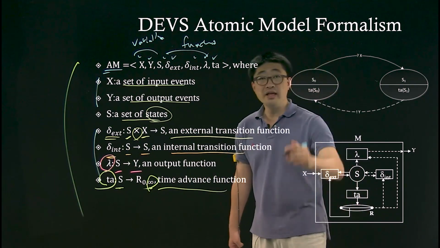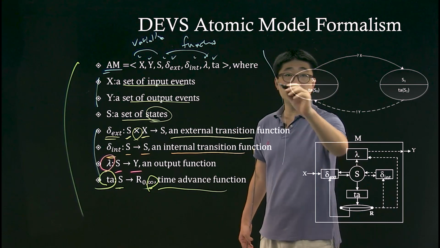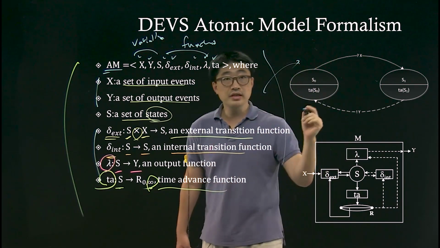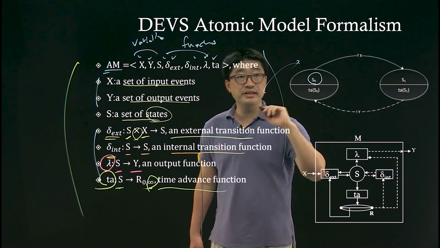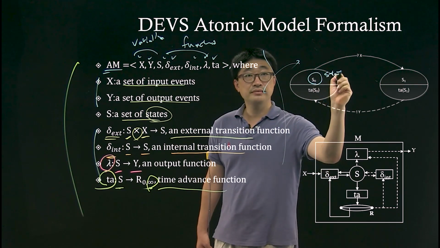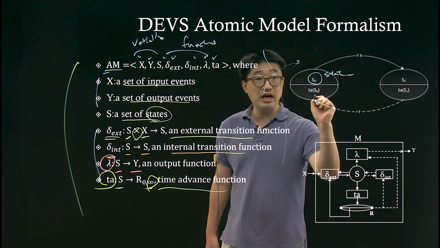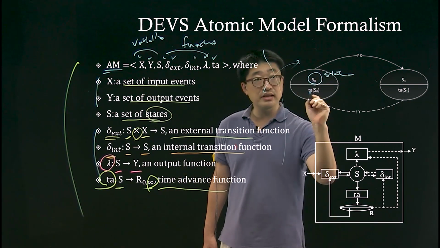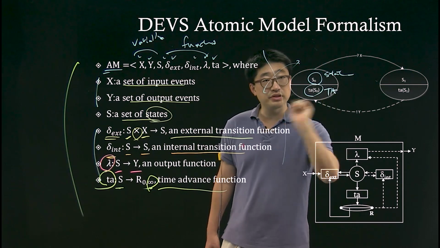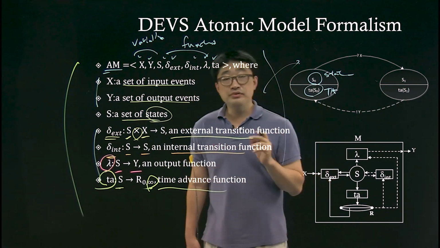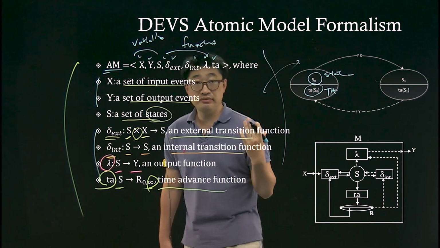All right. And now let's represent it as a diagram. Here we set S to be a state, and this state declares how much time will be taken in this state. This is the time advance function. Then we have to specify transitions.